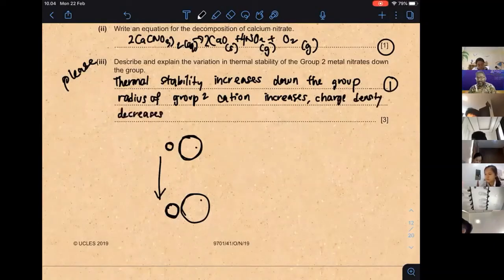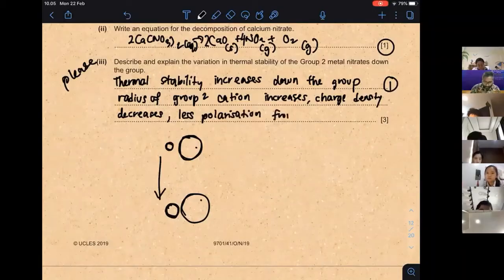When the charge density decreases, you need to talk about the ability of polarizing, or the polarizing power. So you can see that as you go down, there is less polarization from the cations down the group.